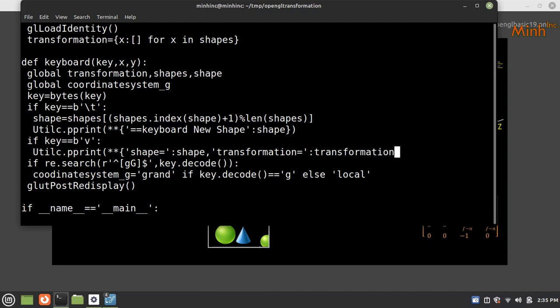So this is whatever we want to print, we can just put in this dictionary. Like I want shape, then shape. I want transformation to be printed, then transformation.